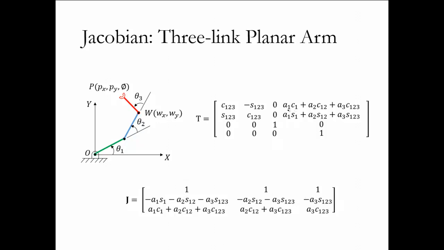It will be the differentiation of px and py. Orientation in this case is simpler because we know that phi will be equal to theta 1 plus theta 2 plus theta 3, and phi dot will be equal to theta 1 dot plus theta 2 dot plus theta 3 dot. So the orientation rate will be equal to the sum of the rates of change of these. And this can also be found in a different way.